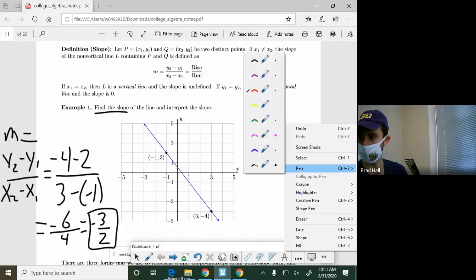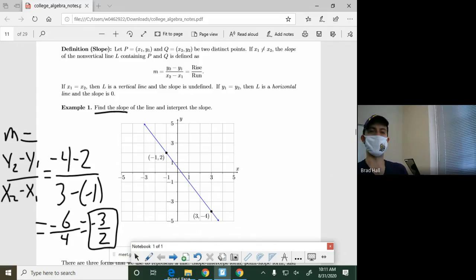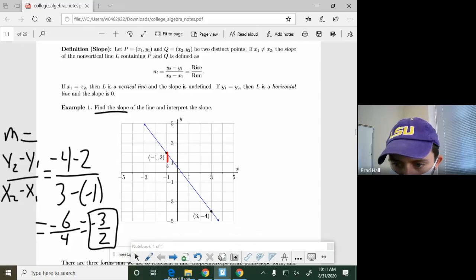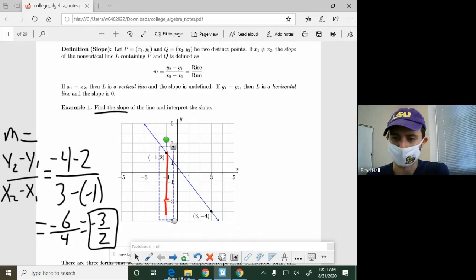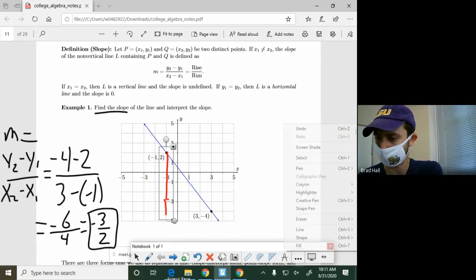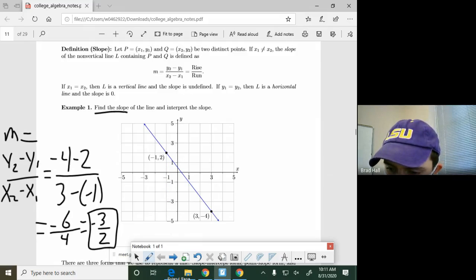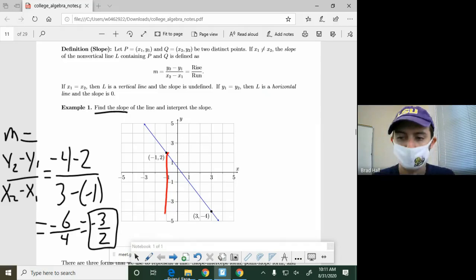So let's see. I have red here. Since we do have a graph, we can use rise over run because we do have a concept of rise, which we would rise all the way to that other point that we are given. So notice I went downwards. Let's draw that again. I go downwards as much as it takes to get to the other point. So this would be the rise.